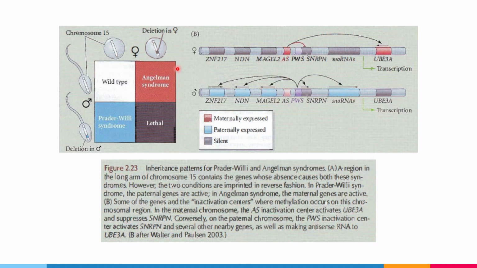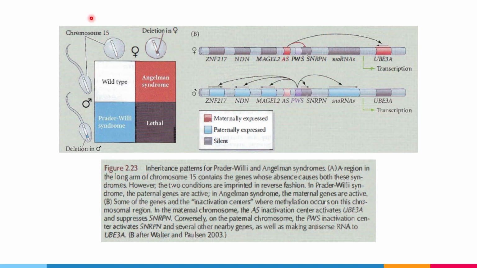Thus, when in chromosome 15 a particular deletion occurs, you can see that these particular genes such as NDN are active only in the paternal copy and not in the maternal copy. Similarly, the snoRNAs are active in the paternal copy and not in the maternal copy.